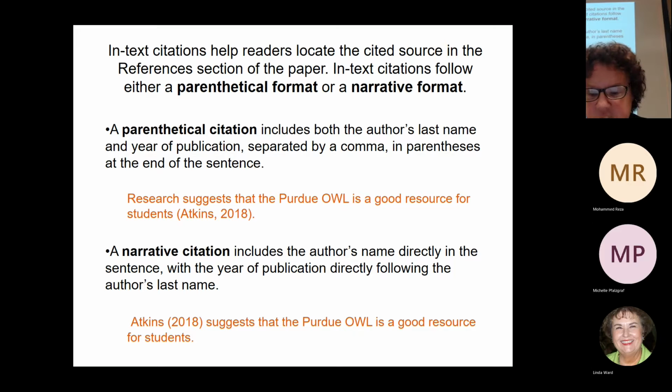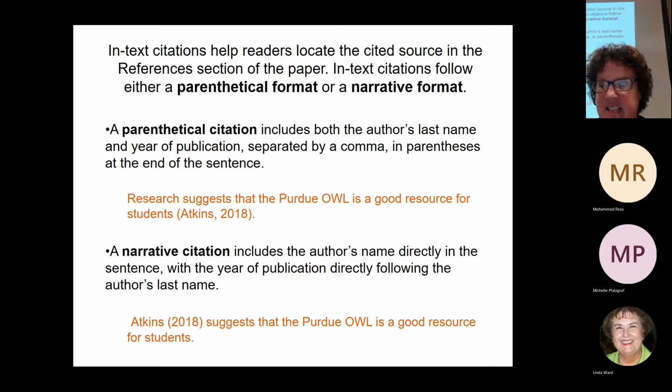The narrative citation includes the author's name in the sentence with the year of publication following the author's last name. Coming from Chicago, I was used to introducing the author in the text.